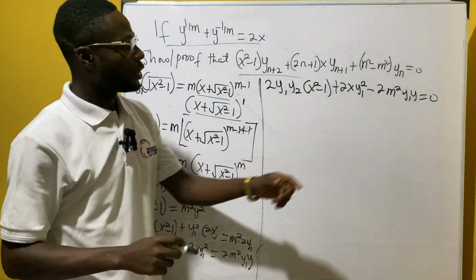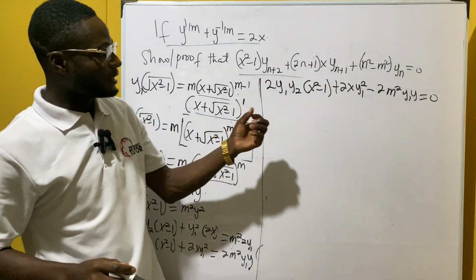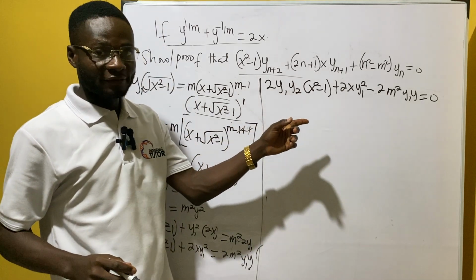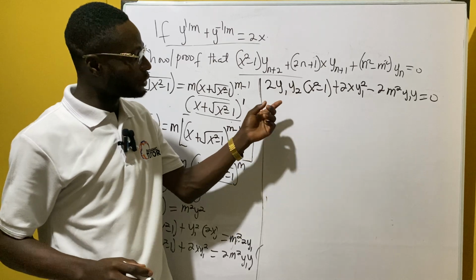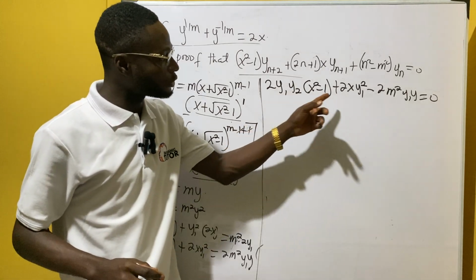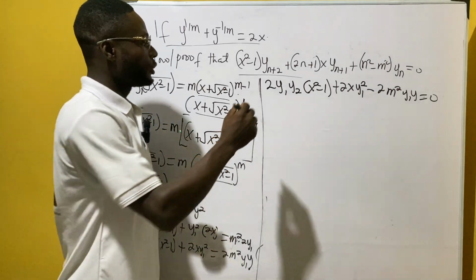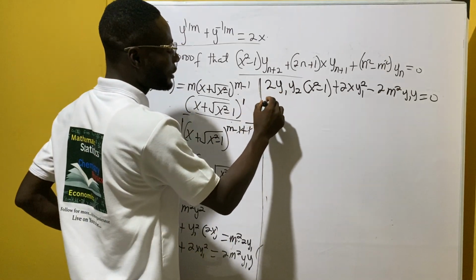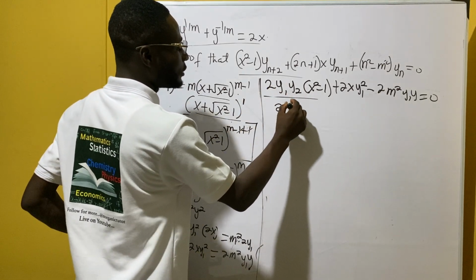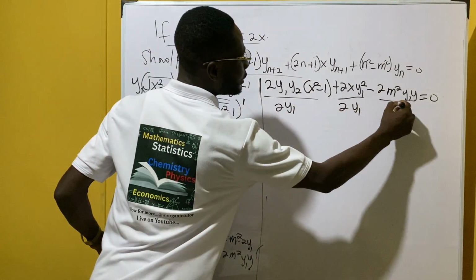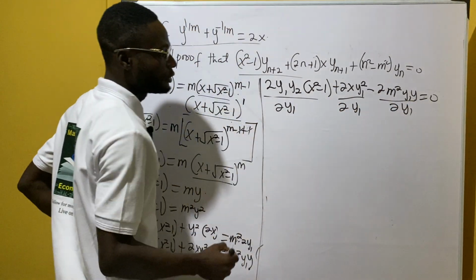Right, so this is the second derivative. What we do next is divide through by 2y1, because 2y1 is common to all the three terms. So we have 2y1 here, 2y1 here, and 2y1 here.